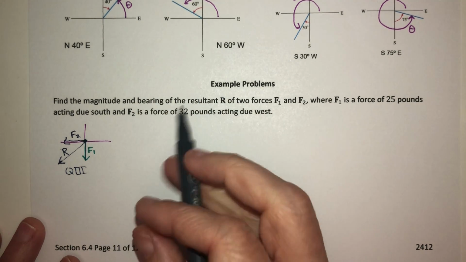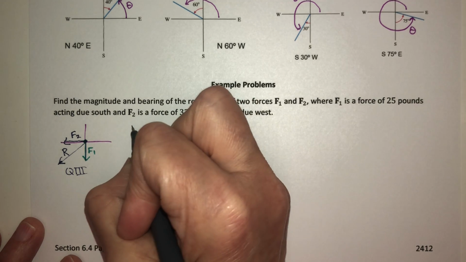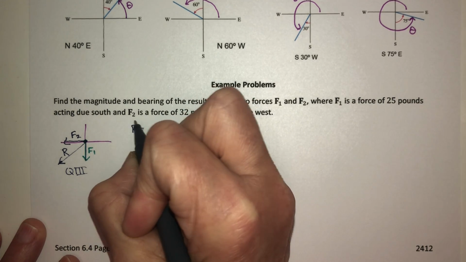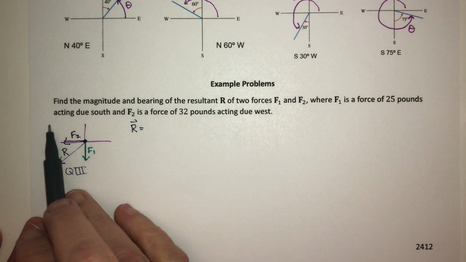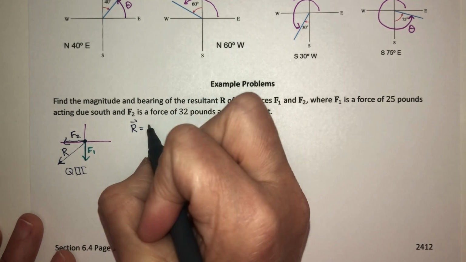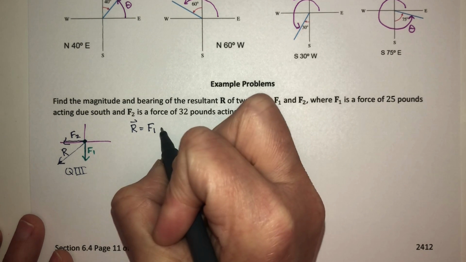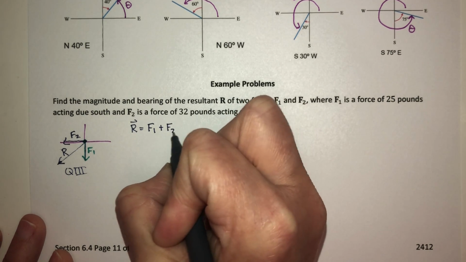Okay? So the other thing we know is that the resultant is equal to the other two vectors added together. So this is equal to F1 plus F2.